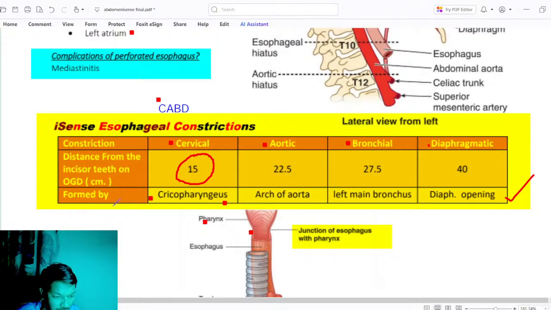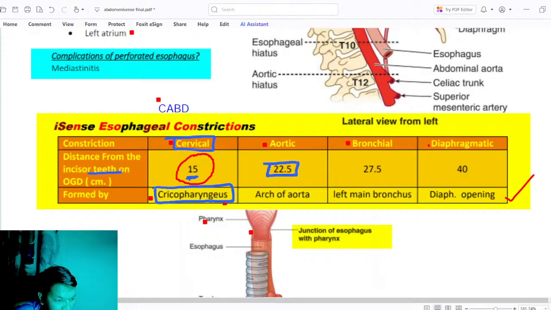Now, constriction of the esophagus. We have it in 4 levels. Esophagus has constriction in 4 levels. This is the distance from the incisor tooth. After 15 centimeter, there is a constriction which is caused by the cricopharyngeus.